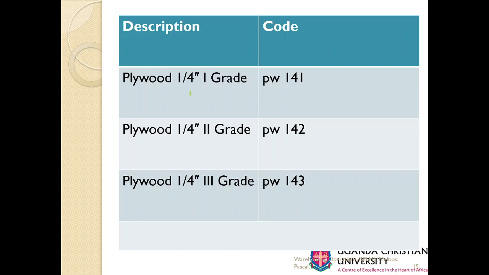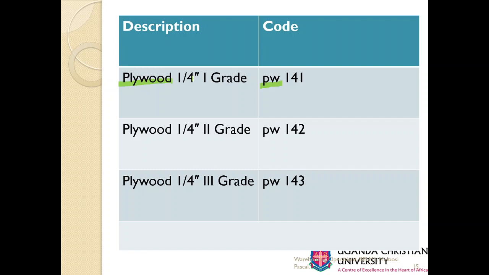Let's look at this example. We're looking at plywood. We all know what plywood is. It is used for making cardboards, at times beds. But we have very many kinds of plywood. So here, the code for all plywood would be PW, meaning plywood. But you have 1/4 inch of plywood.